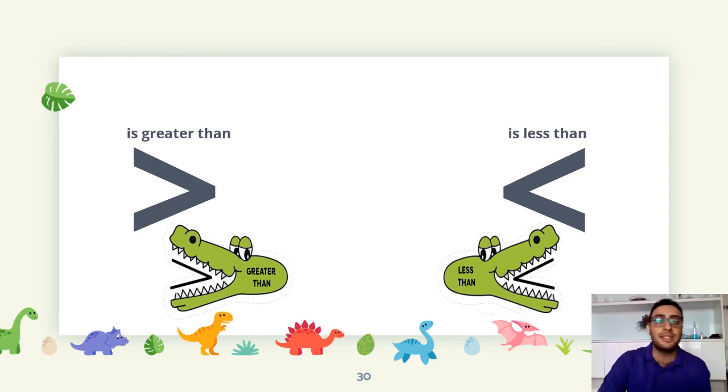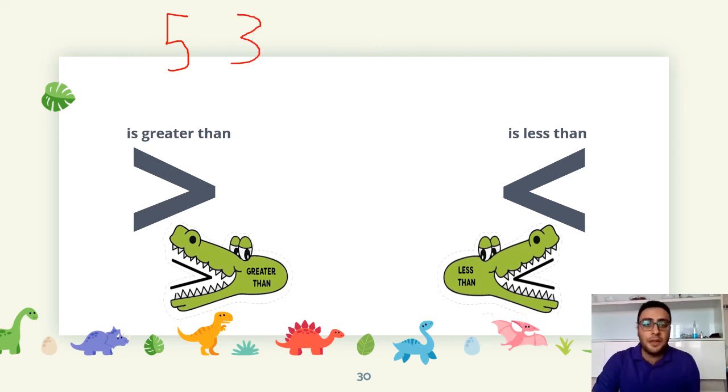So, let's say I have the numbers 5 and 3. If I want to write them down here, where can I put 5? I can put 5 here. It's bigger, right? It's going to get eaten. So we put 5 here. And 3 is smaller, right? So we put it here.